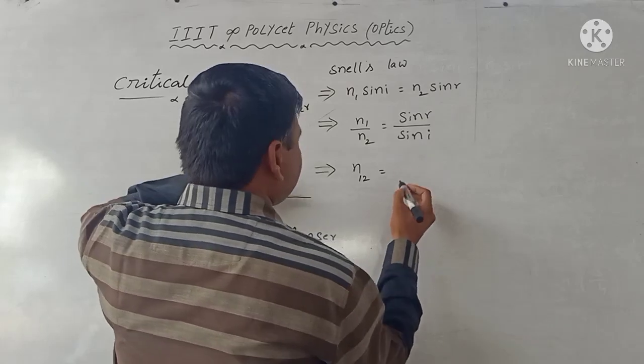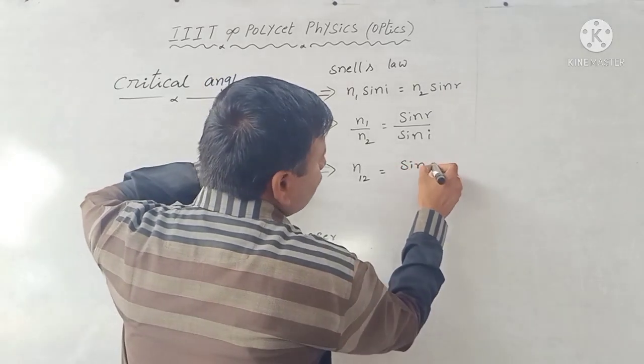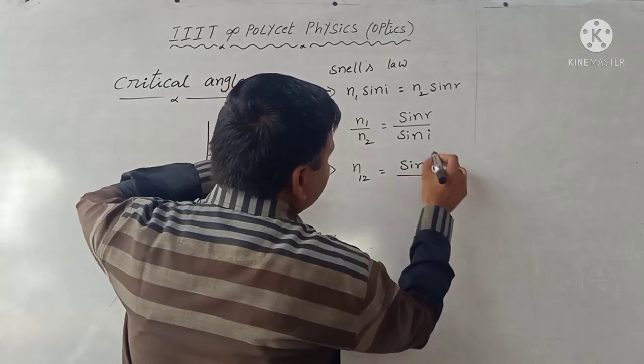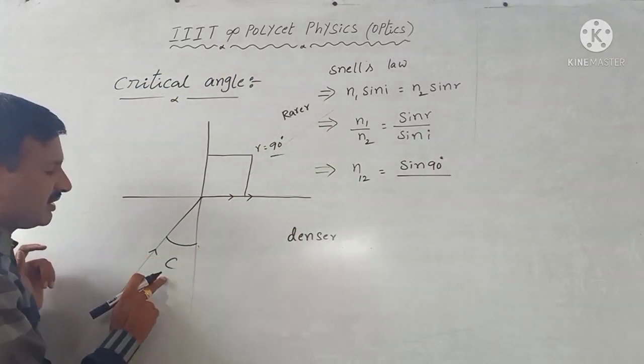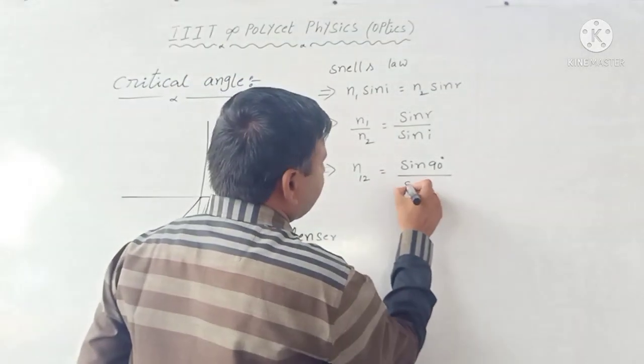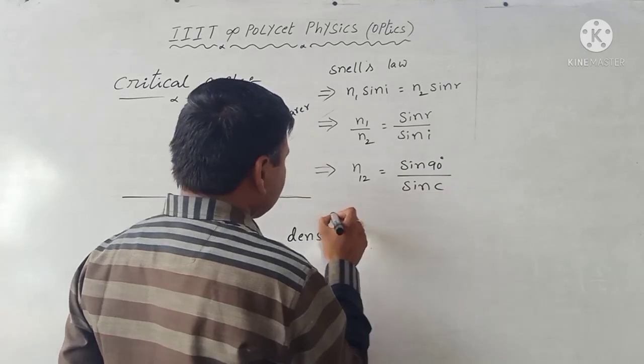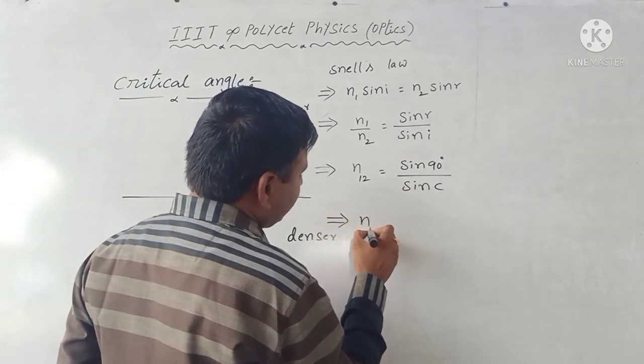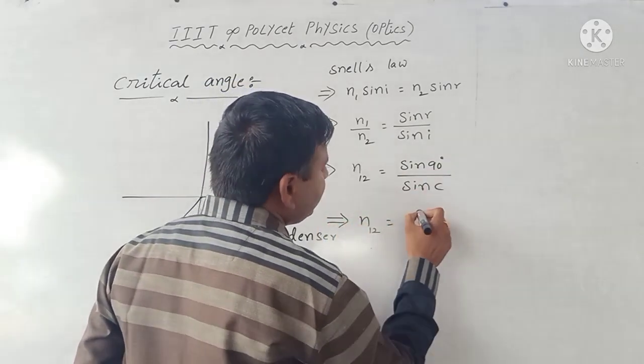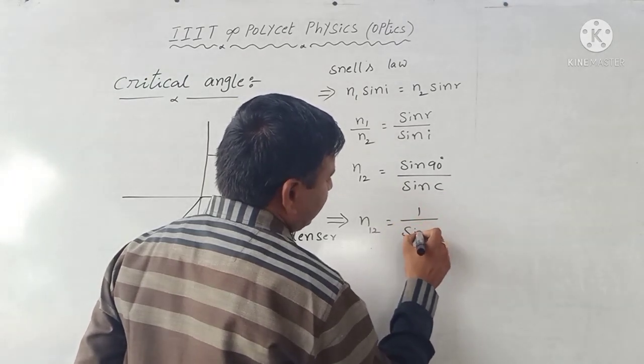R value is how much? 90. So sin 90 degrees by sin of the critical angle, which is denoted by the letter C. So N12 equals sin 90, that means 1 by sin C.